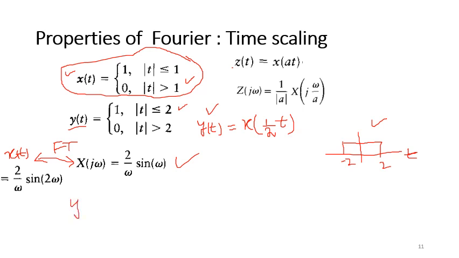So we need to find the Fourier transform of y of t, and we know that y of t is basically a time scaled version of x of t, so that means we can say that Y of j omega can be written as 1 over the absolute value of a.